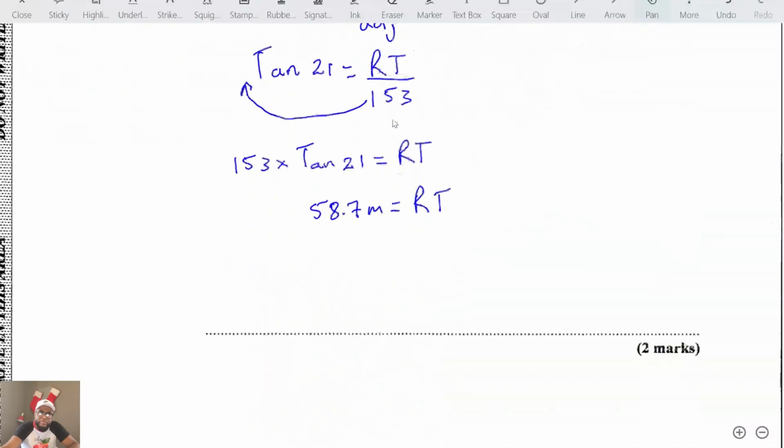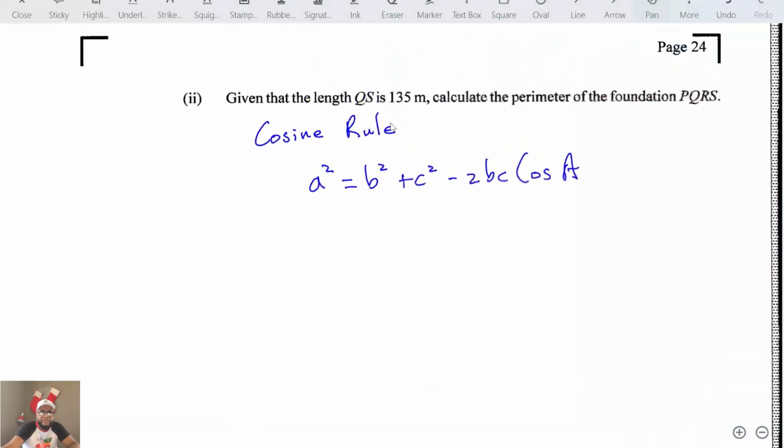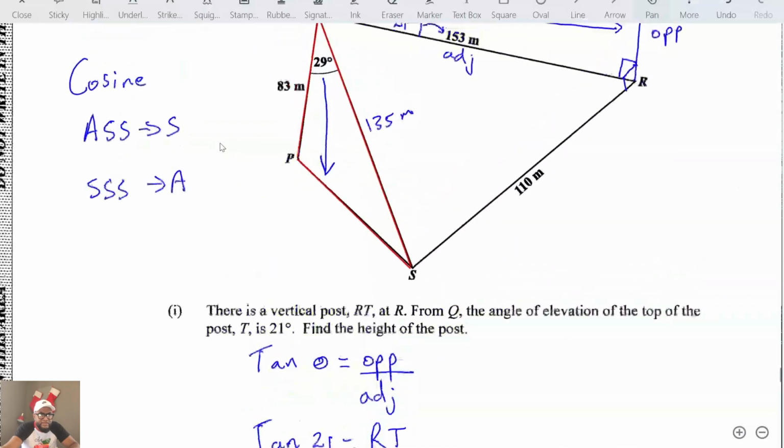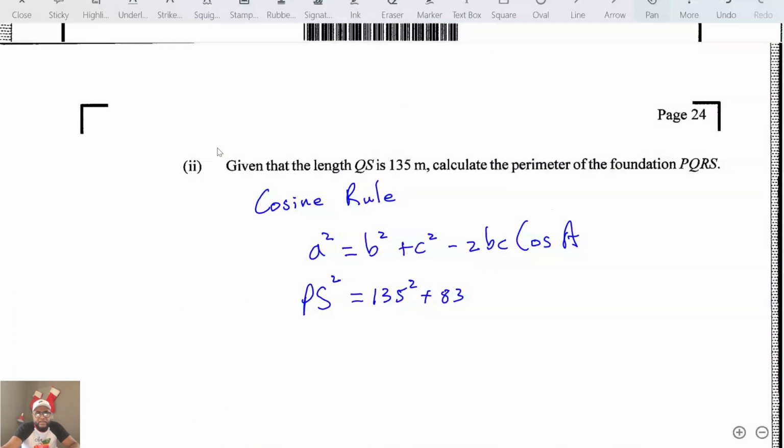So PS squared is equal to b, let's call b 135, and what's the next one? 83. Yes, it's 83.